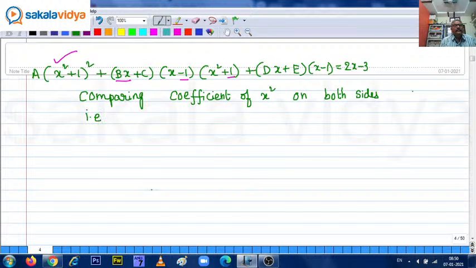That is, here 2x square, 2a, you will be getting bx into x, bx square, bx square into b plus b. Now c into minus 1 minus c, cx square minus c plus dx into x, dx square plus d. Here the coefficient of x square is 0. So that implies we have d equals to c minus 2a minus b.